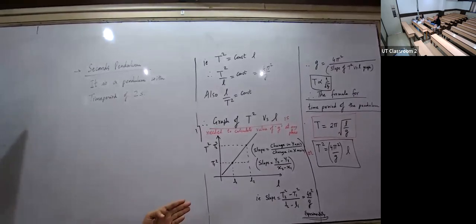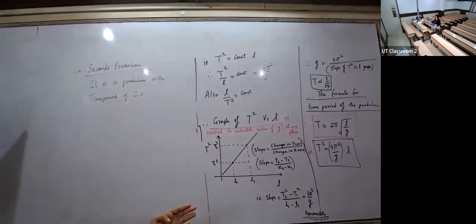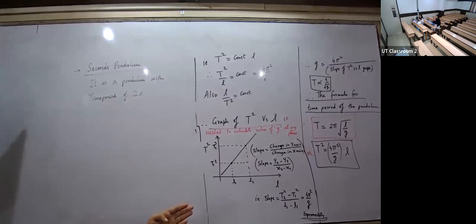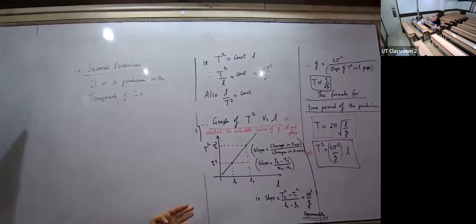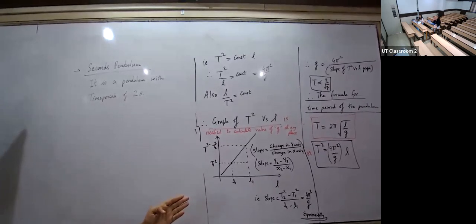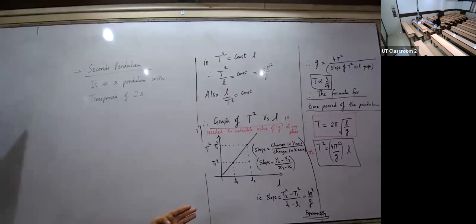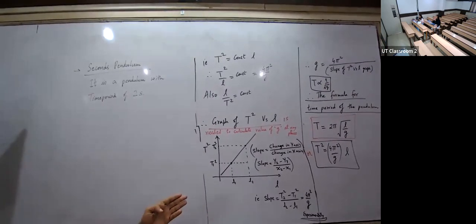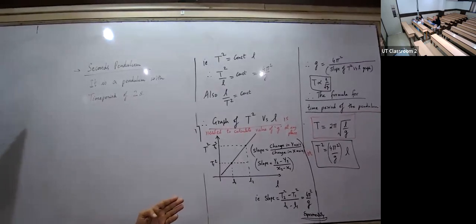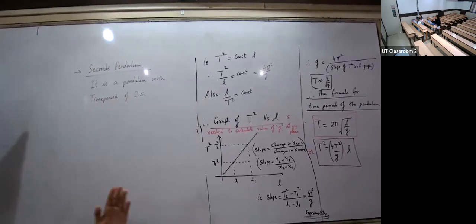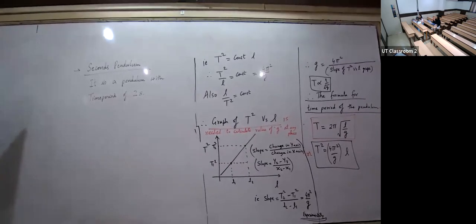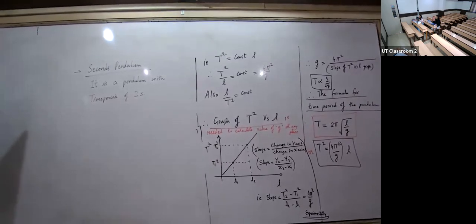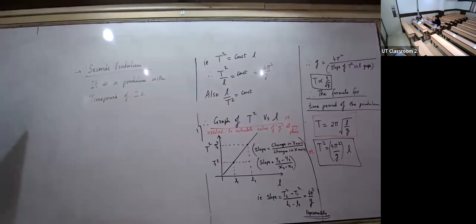Where is the length, in the numerator or denominator? Numerator. So when the value in the numerator increases, the answer will be more. T is the answer of whatever happens to the right side. With increase in length, T will increase. So when the time period increases, it takes more time to complete one oscillation, so the clock slows down. Got it? Increase of time period means the clock is slowing down.